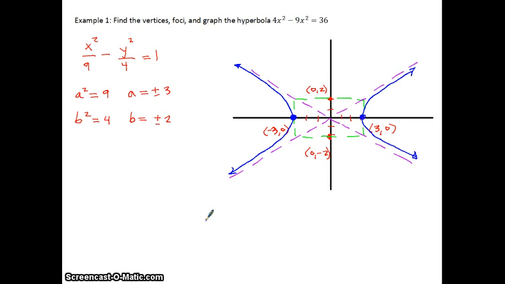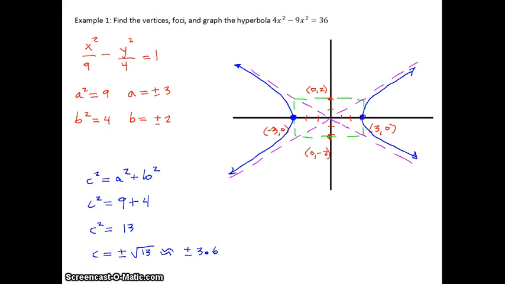We have the vertices labeled, we just need to find the foci. As you can see down below there, we have in blue how to find the focus points for hyperbolas. C squared is equal to a squared plus b squared.